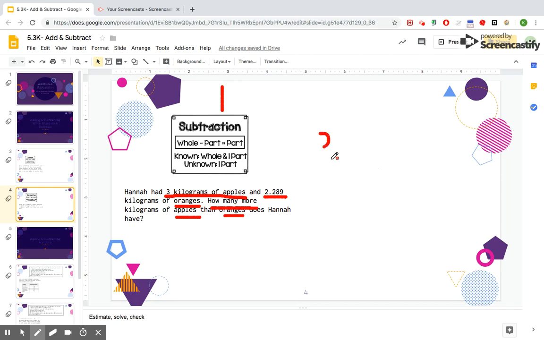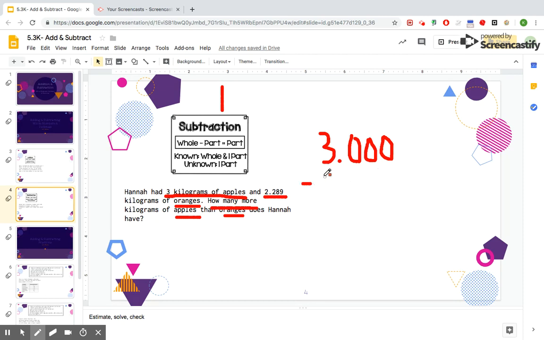So again, I have my whole number 3, and I'm subtracting 2 and 289 thousandths. So probably the easiest thing for me to do is to put my decimal here that I know exists after this whole number 3, and I'm just going to go ahead and add 3 zeros. It does not change the value of it, but it does make it a little bit easier to subtract.